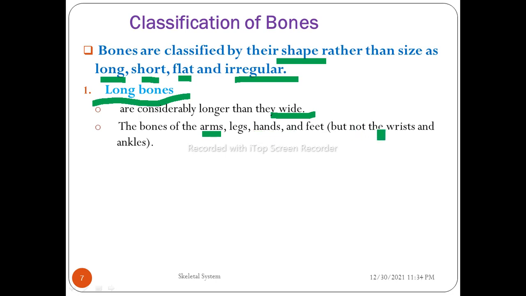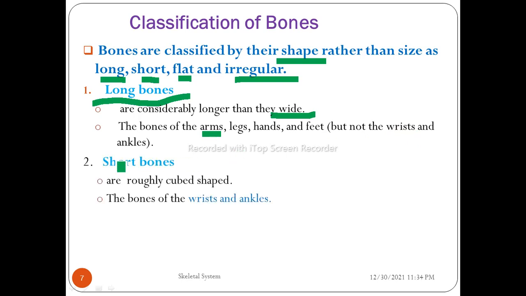But wrist bones like carpal bones are not long bones. For instance, the scaphoid bone has width and length almost proportional, so that is a short bone. The second type of bone is short bones. Short bone is roughly cube shaped, meaning their width and height are almost equal.